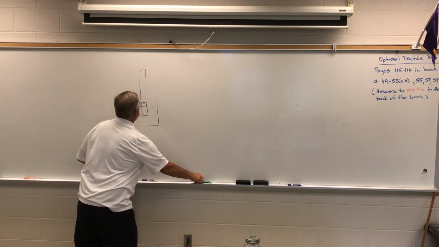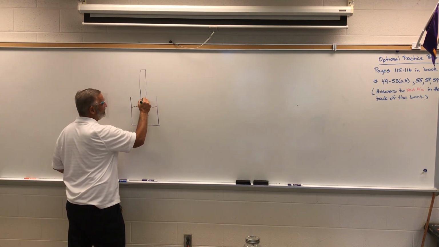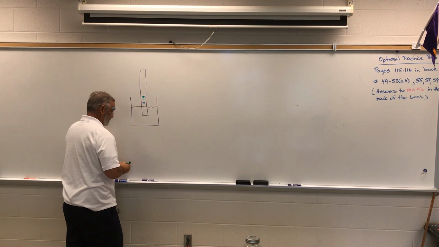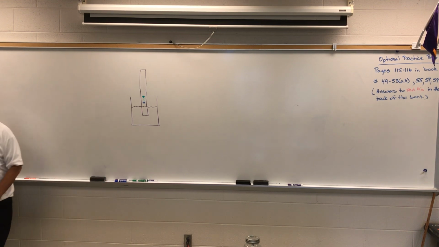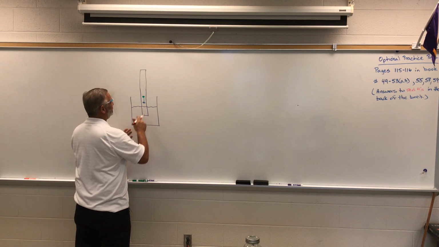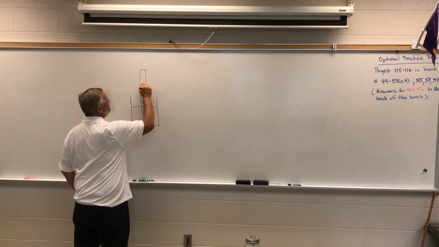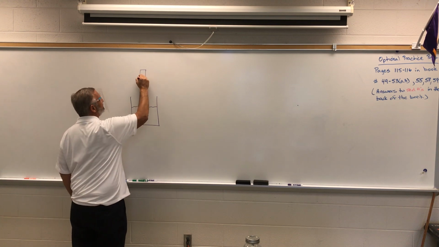So, I don't have any idea what colors are in blue, but let's just say the green goes up to here, but there's some red in there too. Red and green make blue, right? They don't, but okay. But the red goes all the way up to here. But the solvent goes all the way up to here.